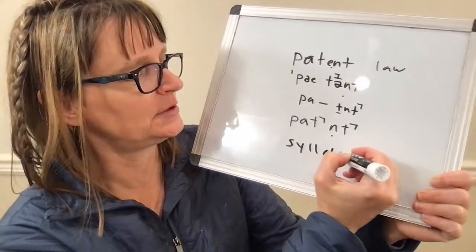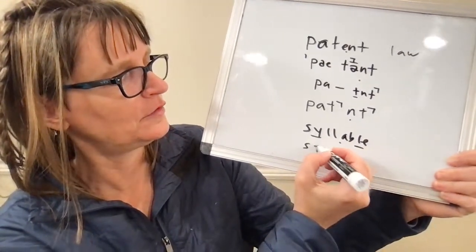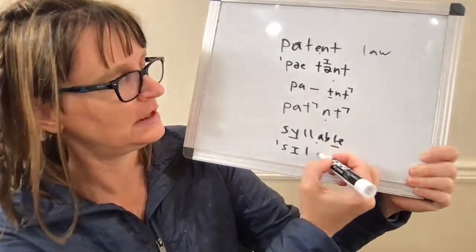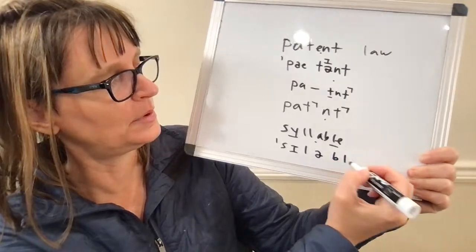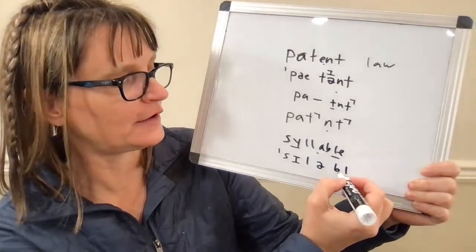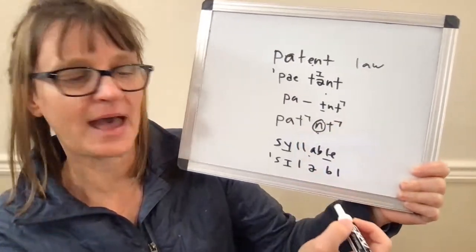So syllable, 3 syllables. First syllable stress, the I vowel, bull. Okay, so same thing. I can see the relationship here. We also have a syllabic L here, kind of like we have the syllabic N in patent.